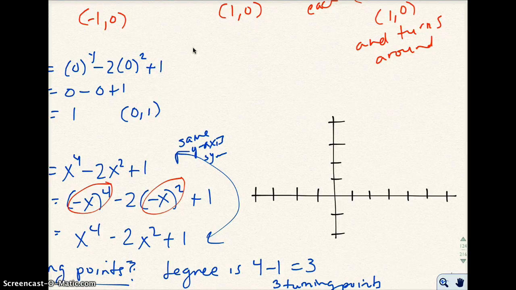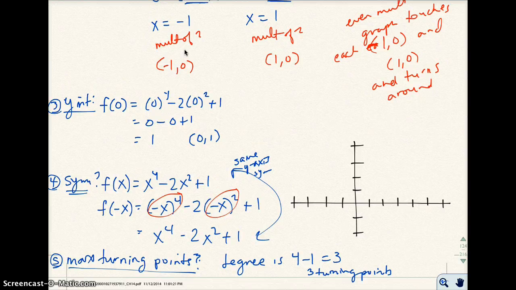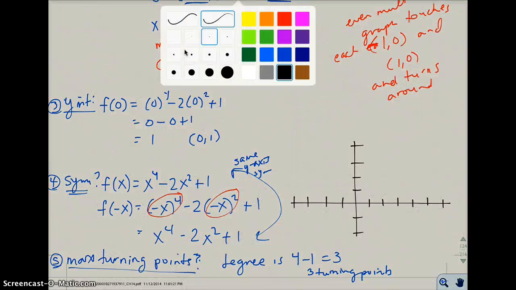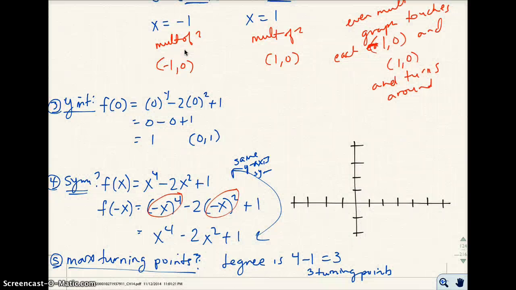Okay. The first thing we know is that we're going to rise left, rise right. We know our x-intercepts are negative 1 and 1. Here's the negative 1, 0, and 1, 0. I don't have to label these points because I have them labeled in my work.